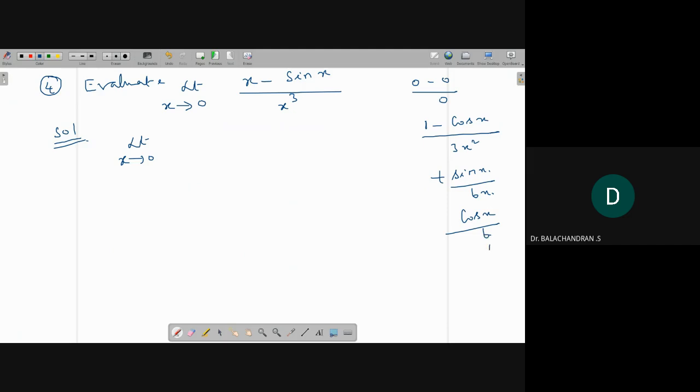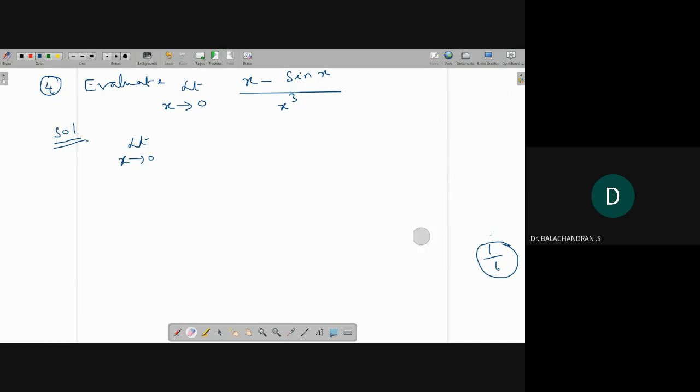So 1 by 6 is the answer. You can get it using this method, but once you have the answer, you come here and do the expansion and you will get the same answer.